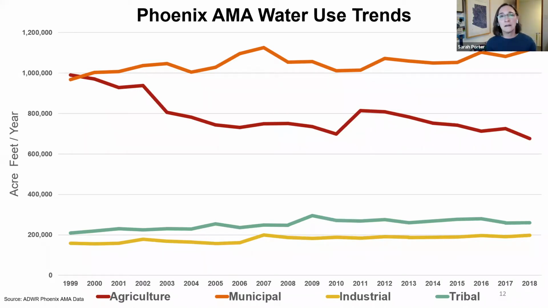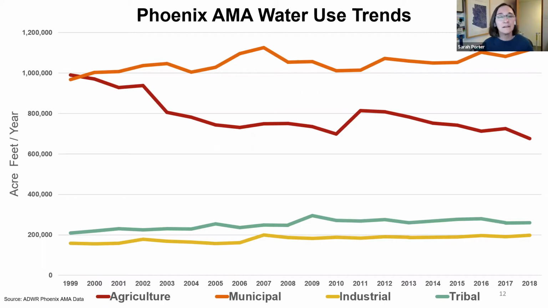In the greater Phoenix area, in the last 20 years, or this is in all 3, from Phoenix to Tucson, it's probably even more dramatic in the greater Phoenix area. The population has grown about 45% but water demand has increased only 14%. So this information, which comes from the Department of Water Resources, arguably shows demand maybe even holding pretty steady in terms of municipal demand, the orange line on the top.